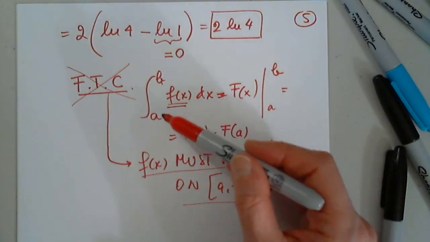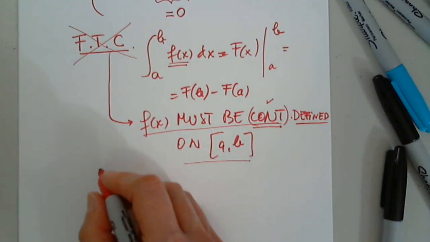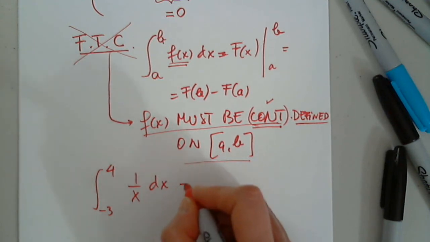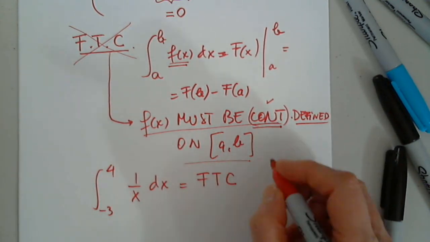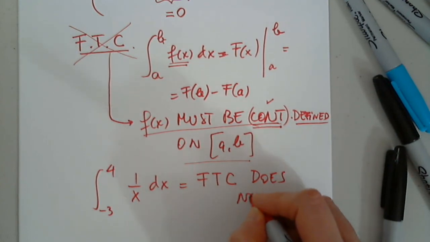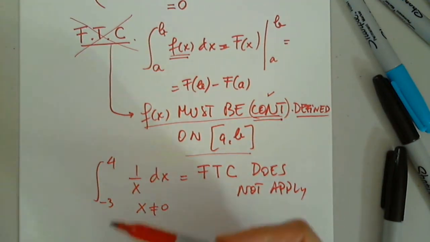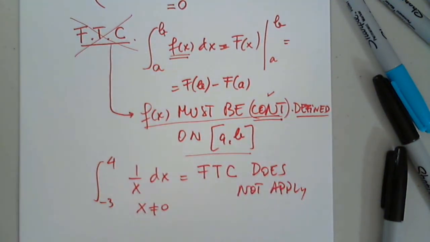So if the function is not defined, for example, if I use -3 to 4 of 1 over x dx, the fundamental theorem of calculus does not apply. Why? Because x cannot be 0, and 0 is in the interval. So this function is not continuous on the interval -3, 4. So this cannot be calculated this way. So that's one comment. Okay, let's continue.